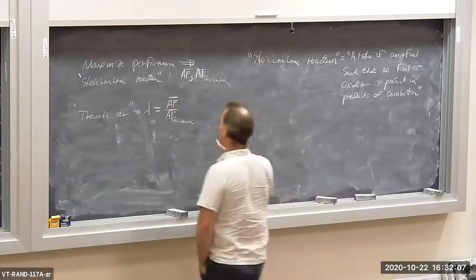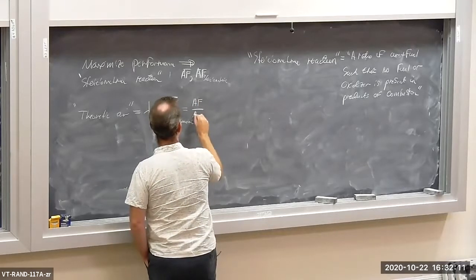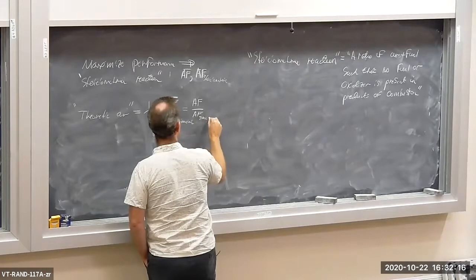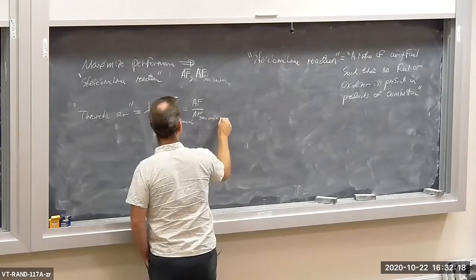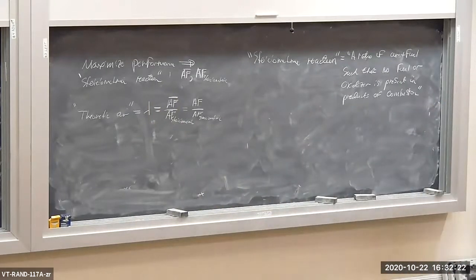It doesn't matter whether it's on a per mole basis or on a per mass basis. So this lambda, theoretic air, lets us keep track of how much air we're adding to the fuel to burn and produce the heat release and the products of combustion.